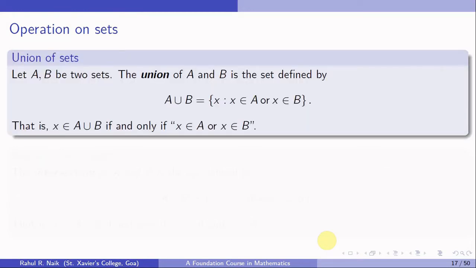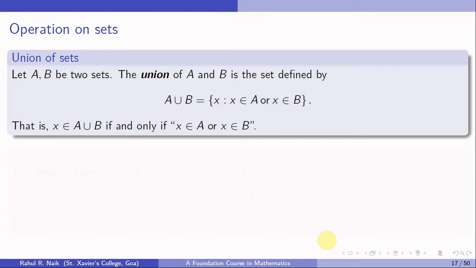Given two sets A and B, the union of A and B, denoted as A union B, equals the set of all x, where this x comes from the universal set, such that x is in A or x is in B. Now you all know the definition of disjunction.